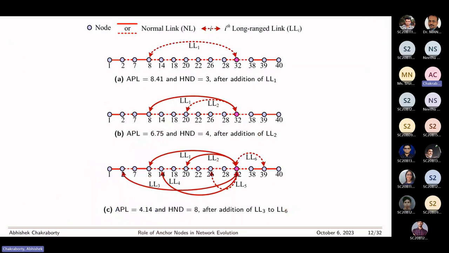The first link was added between 8 and 32, and it gave the least value of APL among all other long link addition possibilities. So we kept node 8 and node 32 connected.